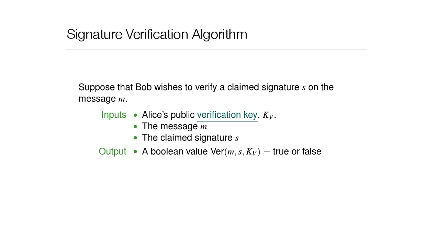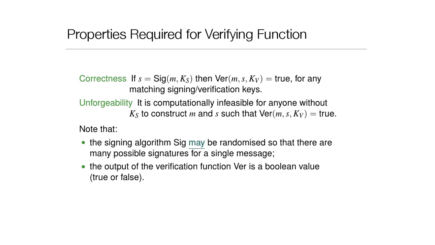Okay, so when we talk about signatures, there are properties required for the signature verification. Correctness and unforgeability should be there. Correctness is: if S equals SIG(M, KS), then VER, the verification algorithm, with parameters M, S, and KV equals true, for any matching signing and verification keys.